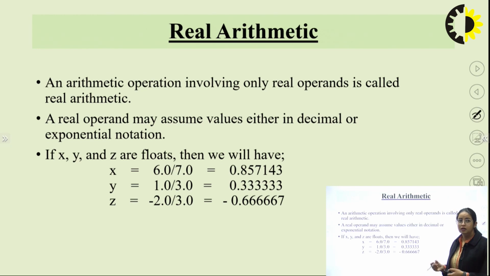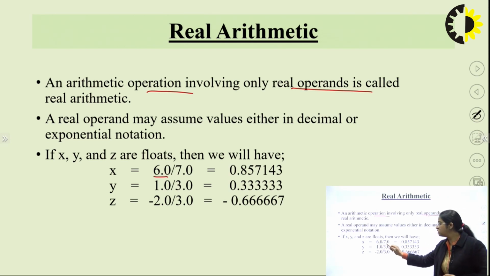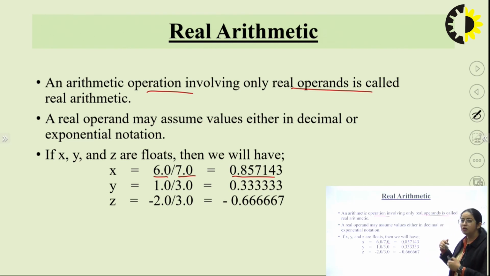What is real arithmetic? Similar to integer arithmetic, real arithmetic covers operations involving only real operands. For example, you can see here we are having 6.0 and 7.0, both are decimal, so the output will be decimal.